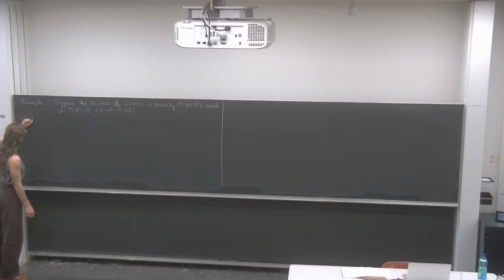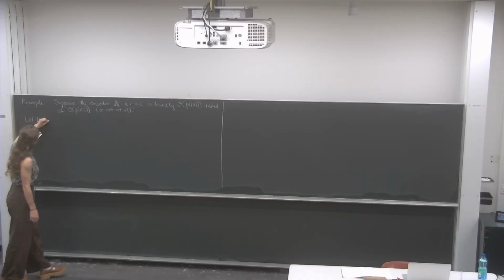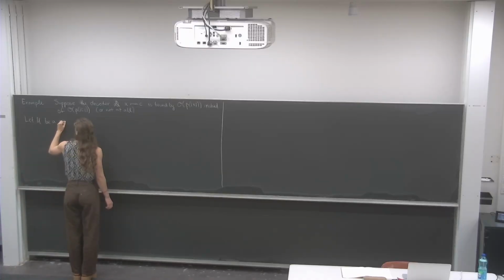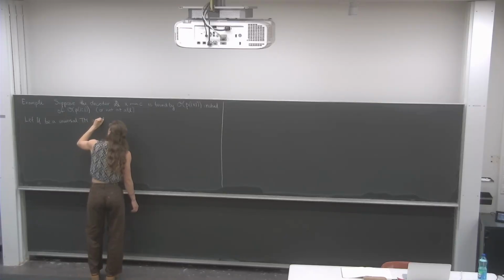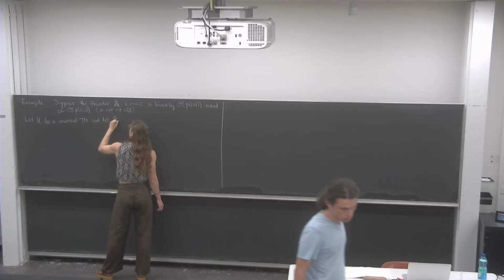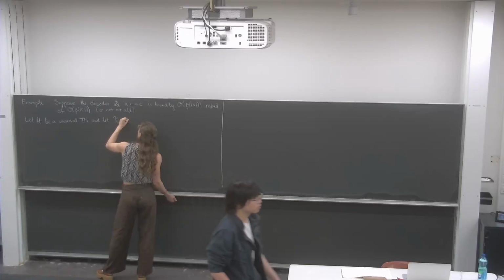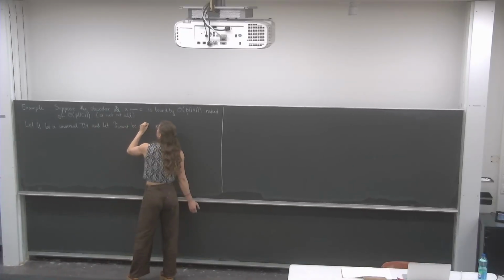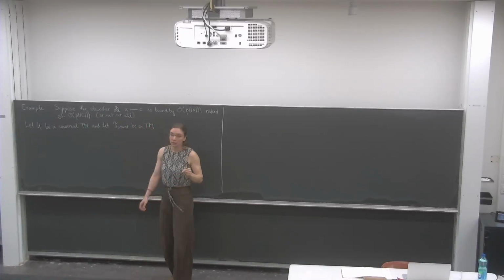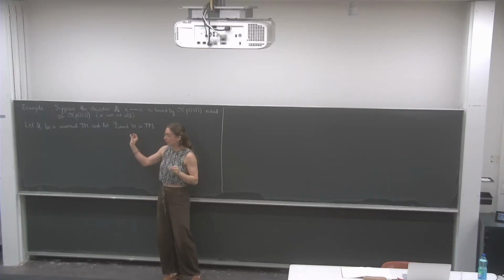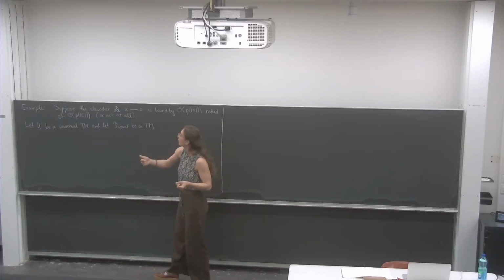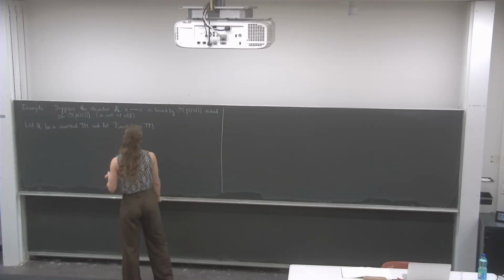So let U be a universal Turing machine and let T count be a Turing machine which does the following simple thing. On input X, it just starts prepending 1s at every time step. It prepends 1, 1 to the beginning of this sequence.